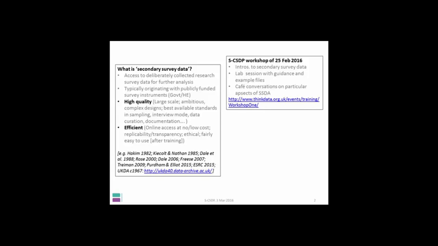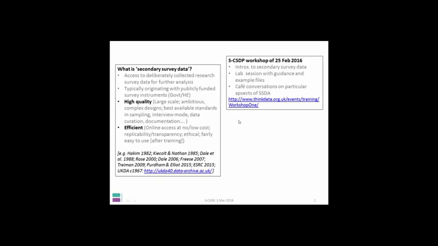It's also collected with the best quality resources in most instances, so well-trained, experienced interviewers typically conducting face-to-face interviews, and high-quality sampling design teams working on the surveys, coming up with a sampling strategy, producing good quality data resources.